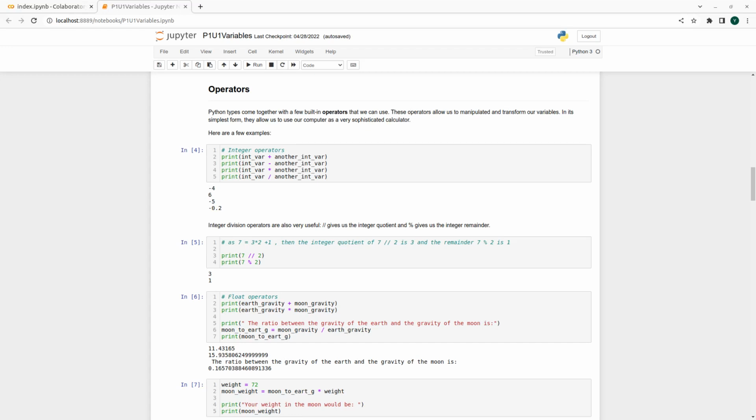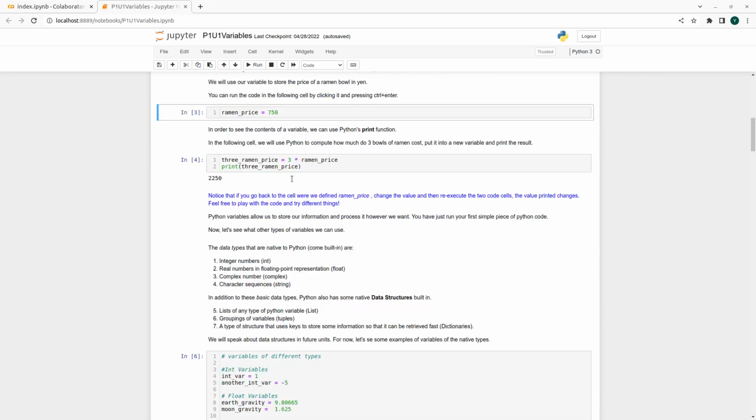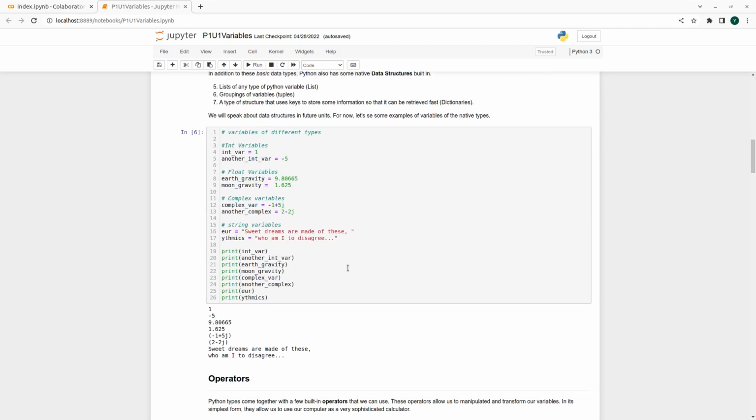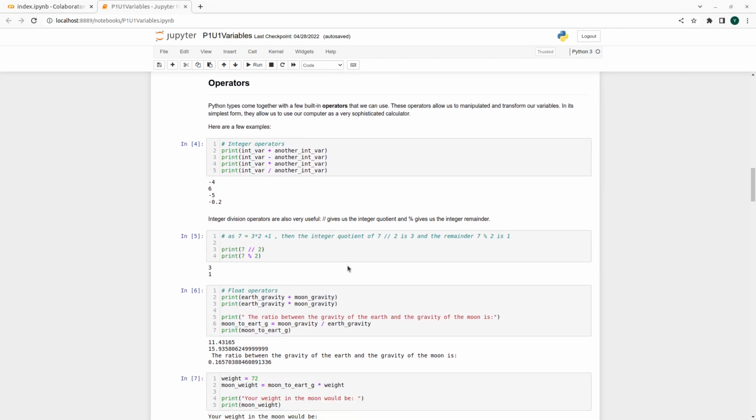The second concept that we are going to be speaking about in this session is operators, the second programming concept. We saw before that I could take one integer variable and multiply it times 3. Well, that was an example of the use of an arithmetic operator.